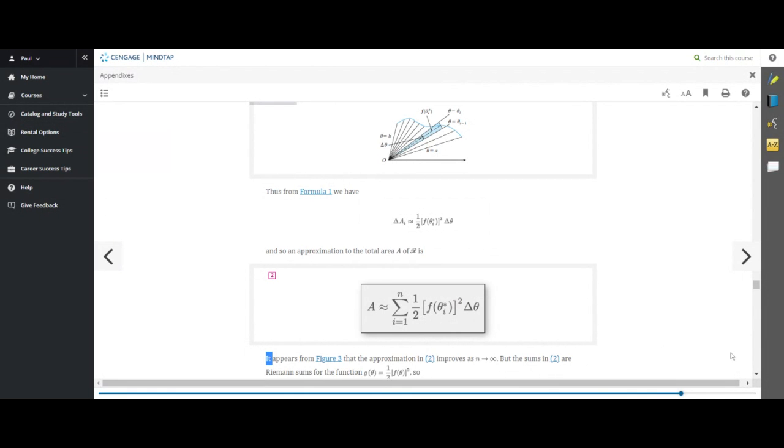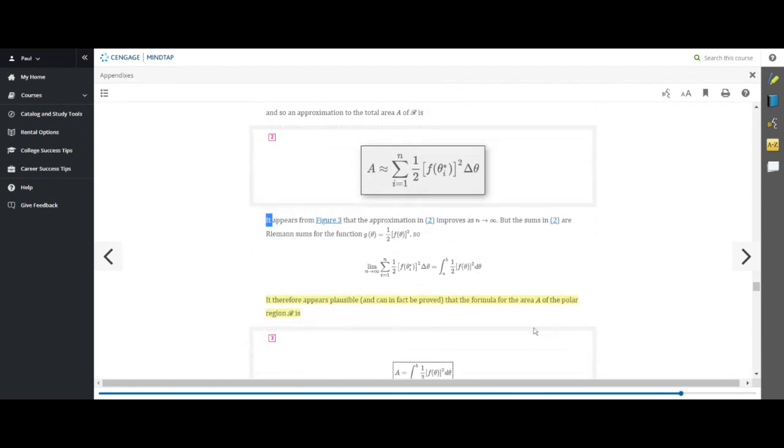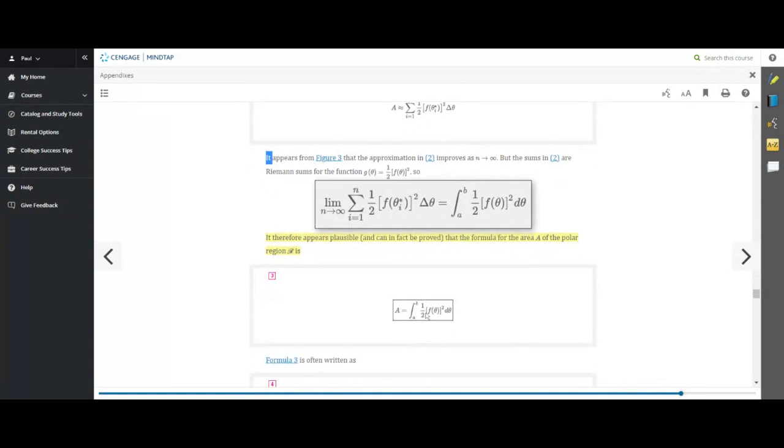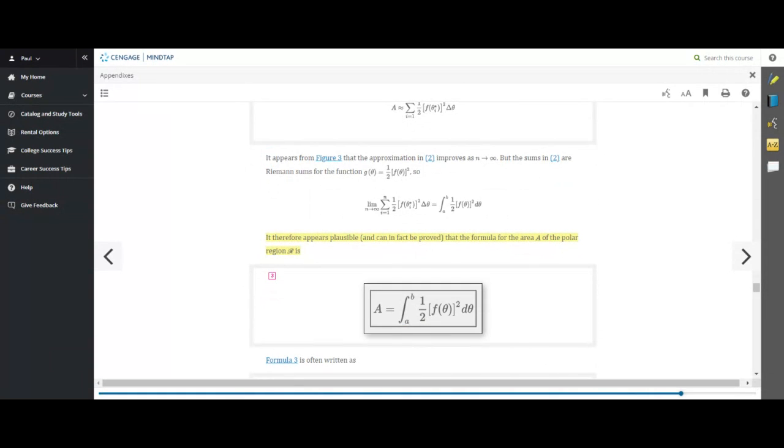But what are we going to do to get the exact area? We're going to take the limit as n goes to infinity. And so this is going to give us the formula for the area of a polar region. The formula is the integral from a to b of 1/2 times f of theta squared.